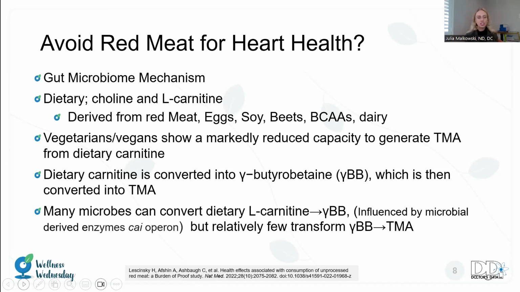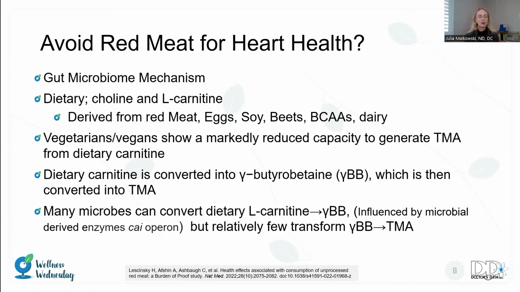The consideration here is that dietary carnitine is converted into gamma-butyrobetaine, which is then converted to trimethylamine, and that is then converted to trimethylamine N-oxide. Now, the conversion's first step takes root in the microbiome as the bacteria convert dietary L-carnitine into gamma-butyrobetaine.